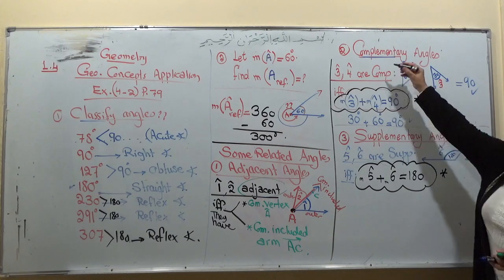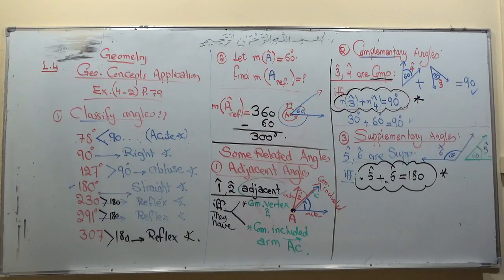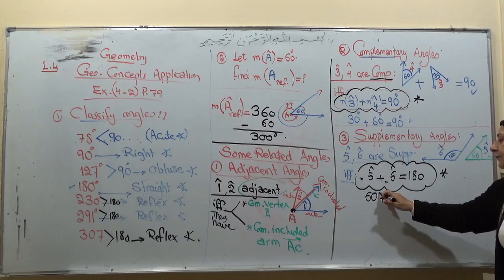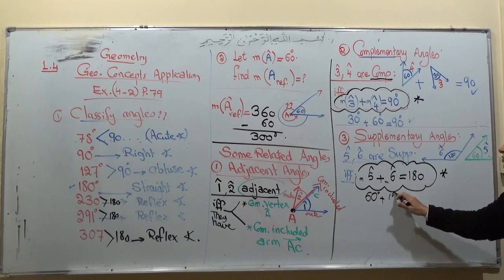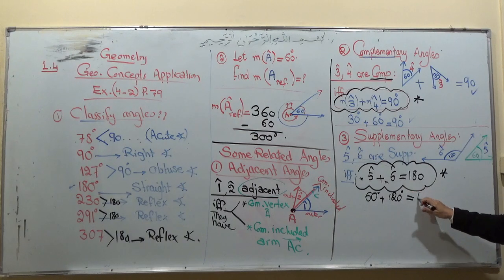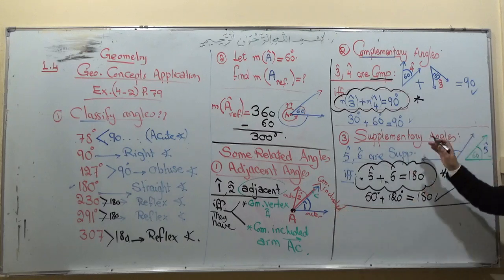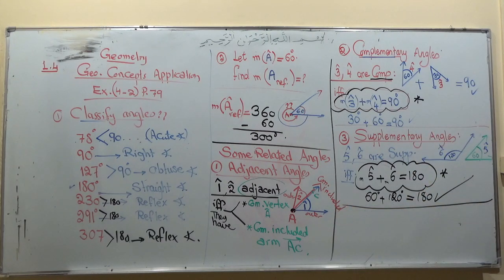They are complementary with this condition, supplementary with this condition. As an example, we have 60 degrees plus 120 degrees. They are exactly 180, so they are supplementary angles.